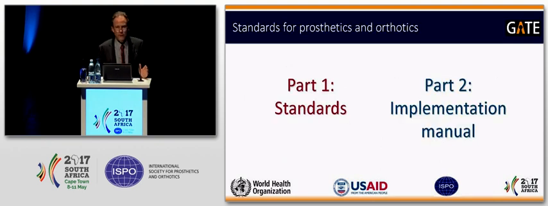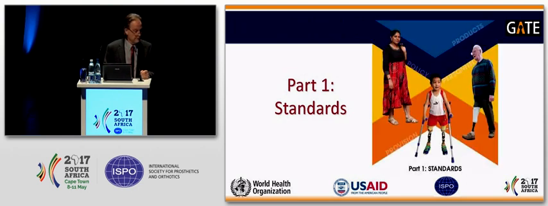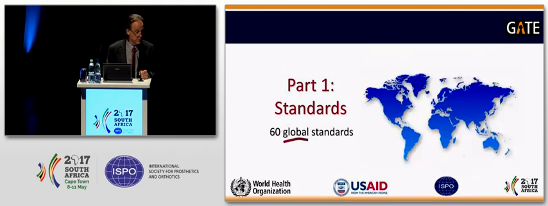So, as you've already understood, I think, this document consists of two parts. Part one, which is the actual standards document, and part two, which is an implementation manual. The first part has then 60 global standards, and it's important to stress that they're global standards.